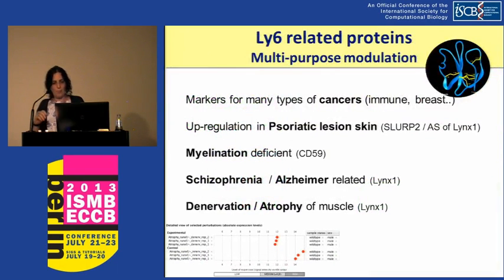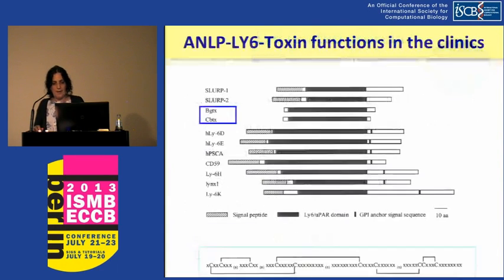So just before finishing, I want to show you that Ly6 are also involved deeply in a lot of diseases, systemic diseases, such as cancer, psoriasis, myelination deficits, schizophrenia, Alzheimer, and so on, atrophy of muscle. And to show you what I show you in this treasure hunt, we started with the toxin, like the Bungarotoxin.